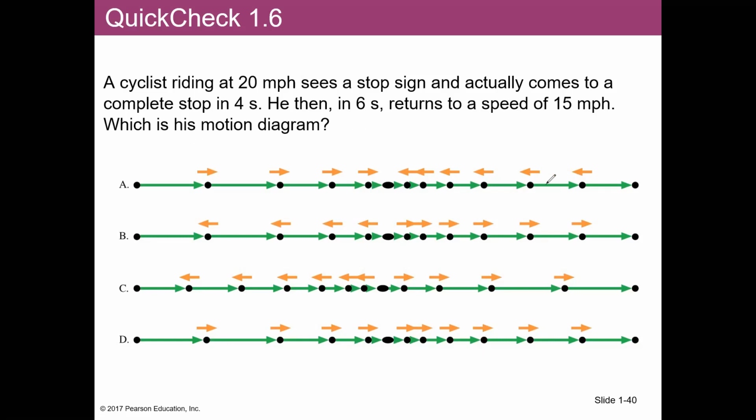And it doesn't make sense on the second half either, because we're increasing our speed to the right, and yet we're accelerating backwards. So again, that doesn't make sense. Looks to me like some people believe in choice A that acceleration is always towards the 0 or something like that. That's all I can think of. Of course, B is the one.